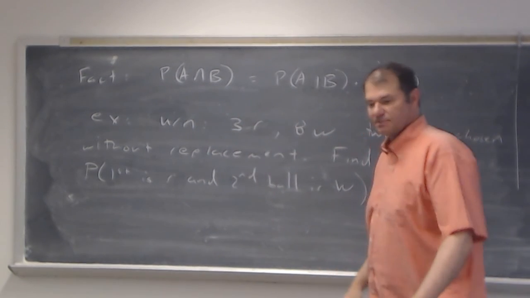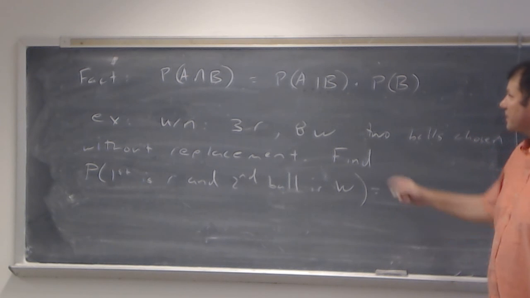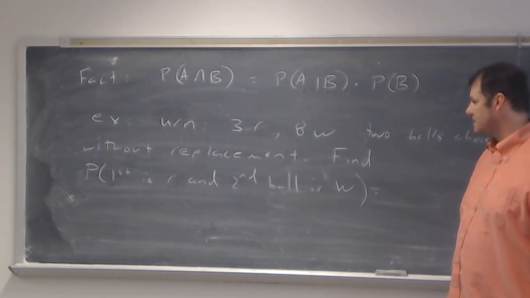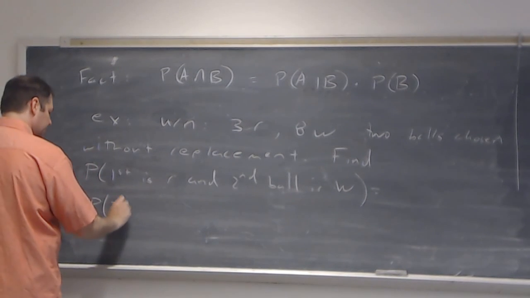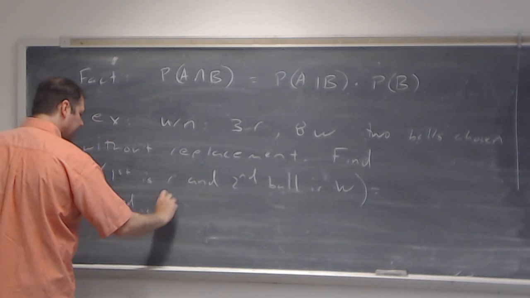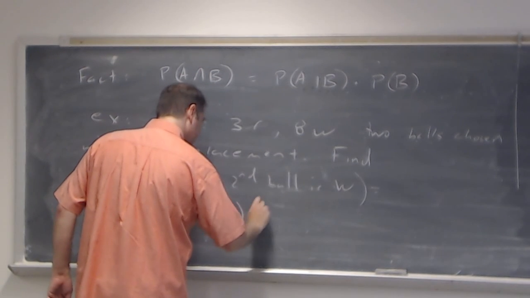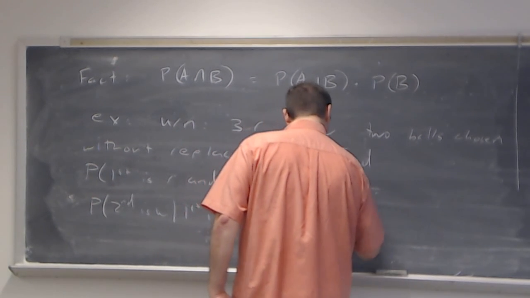Well, we could do this by counting all the ways that this can happen, but as I said earlier, if we use this formula, it's sometimes easy to calculate. What I can say is this is the same thing as the probability the second is white, given the first is red, times the probability that the first is red.